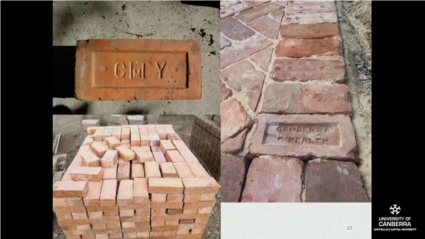So there are 2 different kinds of bricks. The first kind is pressed bricks, where you get your semi-dried clay put into a mold and stamped out. You can see this one, which is a Melbourne City brick with the M in there and the word city on it. And around Canberra, you'll see very many bricks stamped Canberra Commonwealth. So we do have a local seam of clay appropriate for making bricks, and the old brickworks in Yarralumla was where they used to be made.